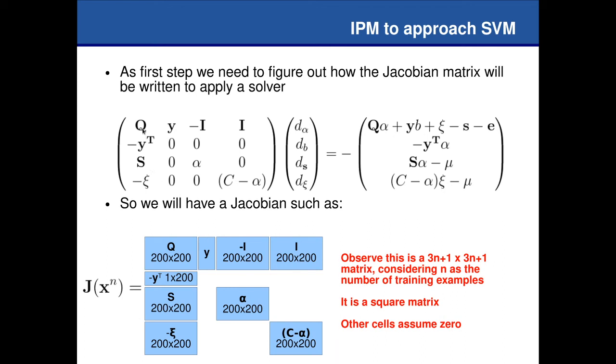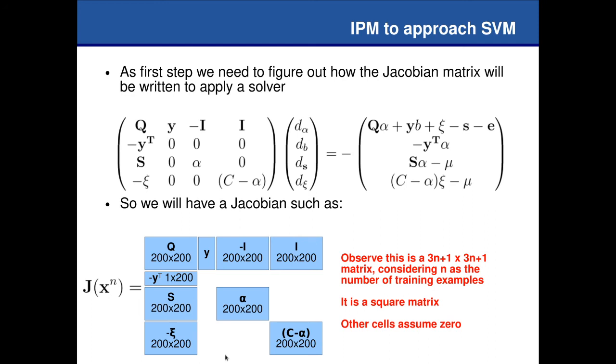Of course, here I have delta alpha, I have 200 values for alpha. That's why, in the column space of this matrix Q, all these elements will be multiplied by delta alpha. All this column will be multiplied by delta B, which is a single value. That's why it's a single column over here, up to here, okay?